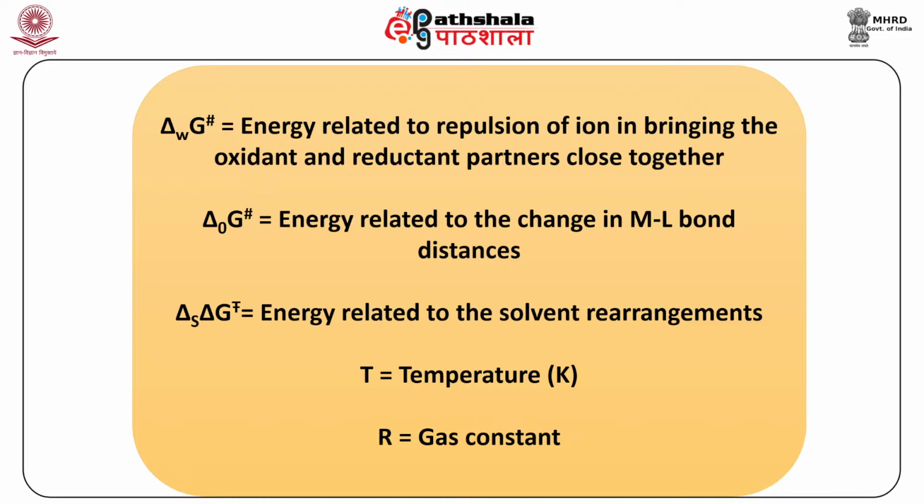Since the oxidant and reductant species are distant, the energy required to bring them closer together is denoted by delta Wg, while delta Og is the energy related to the change in the metal-ligand bond lengths. Adjusting the metal-ligand bond length needs some energy, and that is denoted by delta Og.